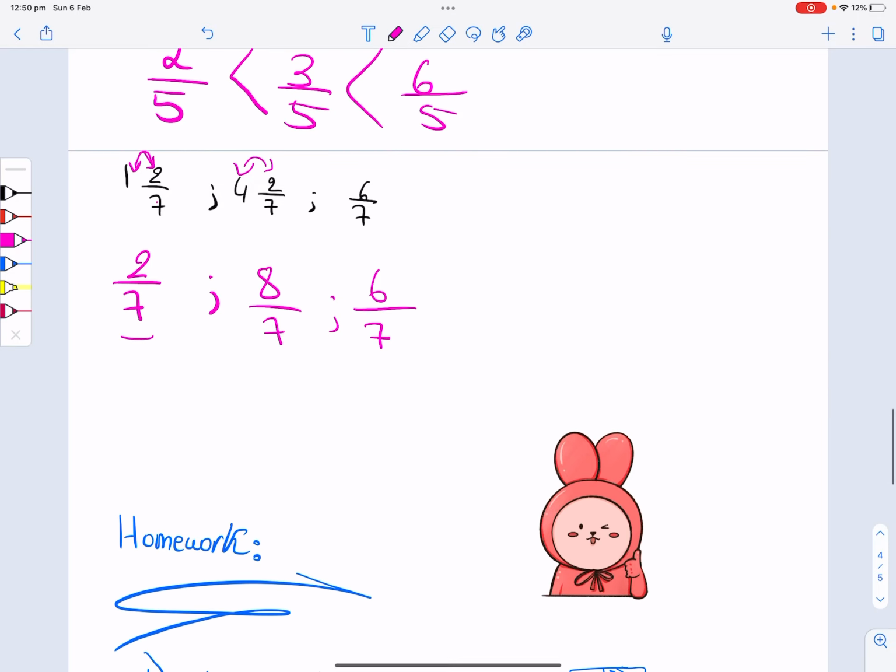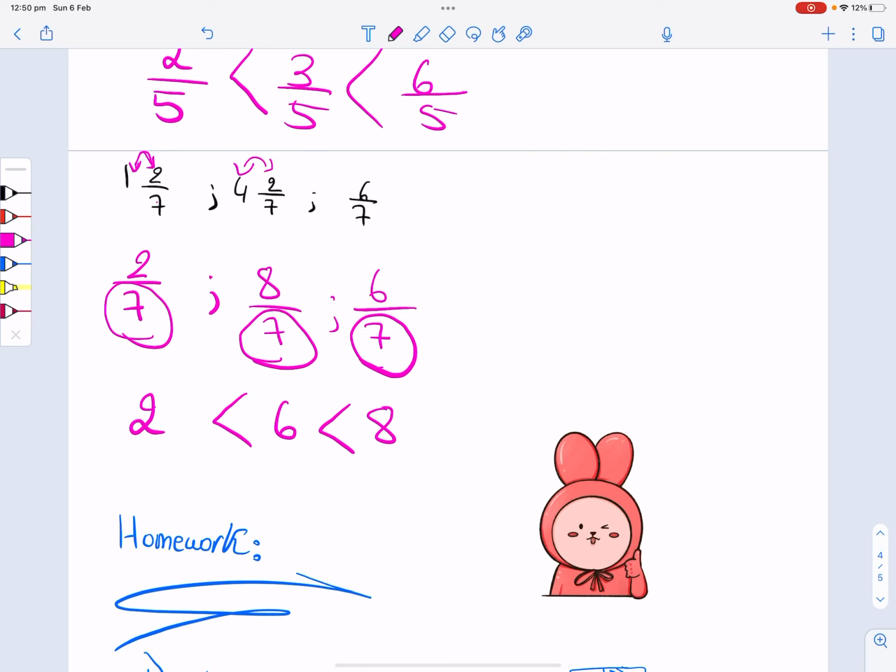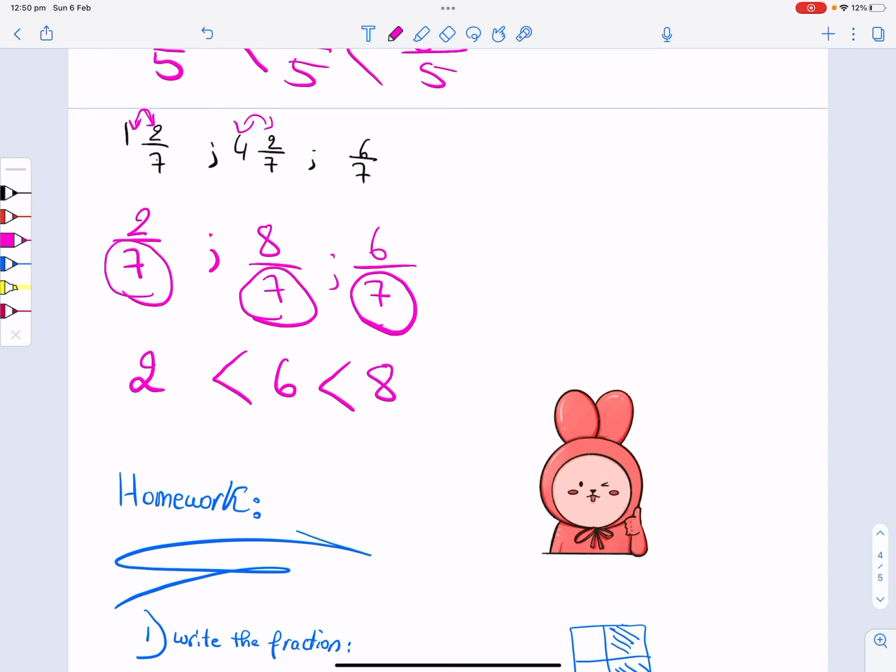Now we have the same denominator. What do we do if we have the same denominator? We look at the numerator and order them: 2, 6, 8. The fraction that has the smallest numerator should be the smallest. So that means 2 over 7 is the smallest, then 6 over 7, then 8 over 7.